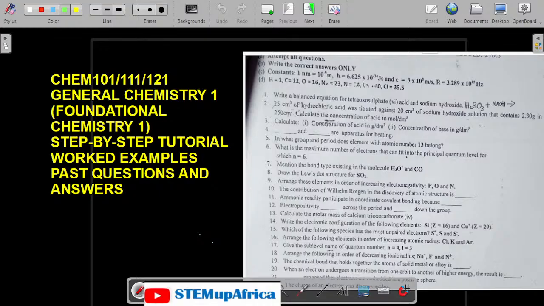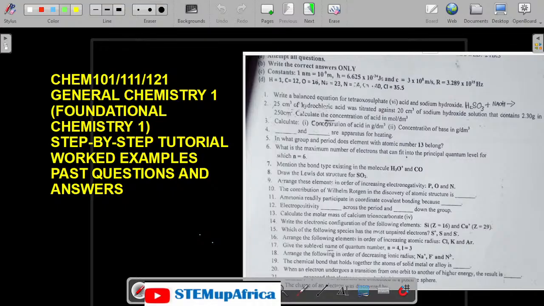We have our tripod stand, we have our wire gauze, we have our Bunsen burner also. Those are the materials we use for heating. So you can mention any two of them.